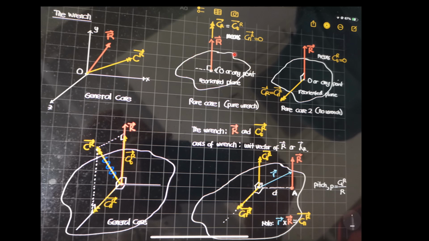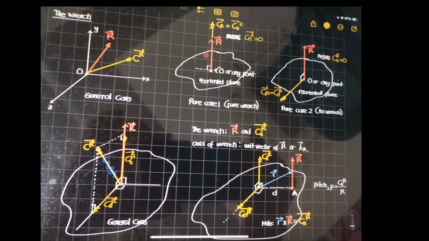Again, the plane is reoriented such that R will be perpendicular, and the resultant couple will also be in the direction of R. So this is a pure wrench because the effect of the wrench is to drive a screw into another material. So you have to push it and at the same time twist the screwdriver so that the screw will advance in the direction of the force.